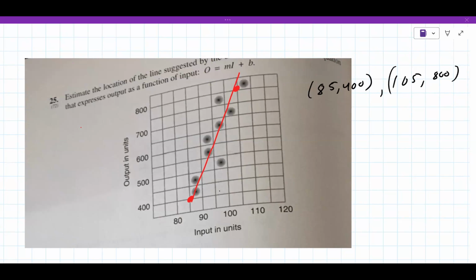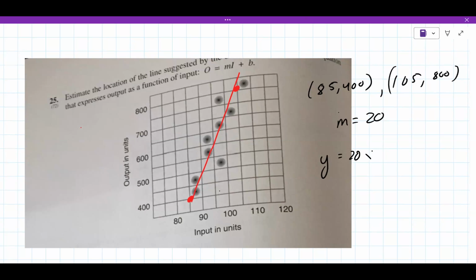Slope is 20. Yep. Get that, and the intercept is, oh, how do I do that again? I don't remember.